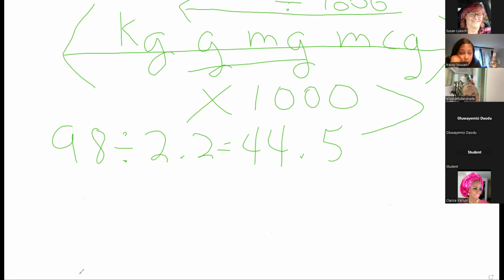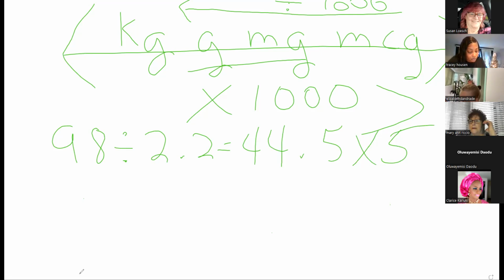You have to take that times your 5, because it's 5 milligrams per kilogram. So you're going to multiply 44.5 times 5, and that's your desired dose, 222.72.